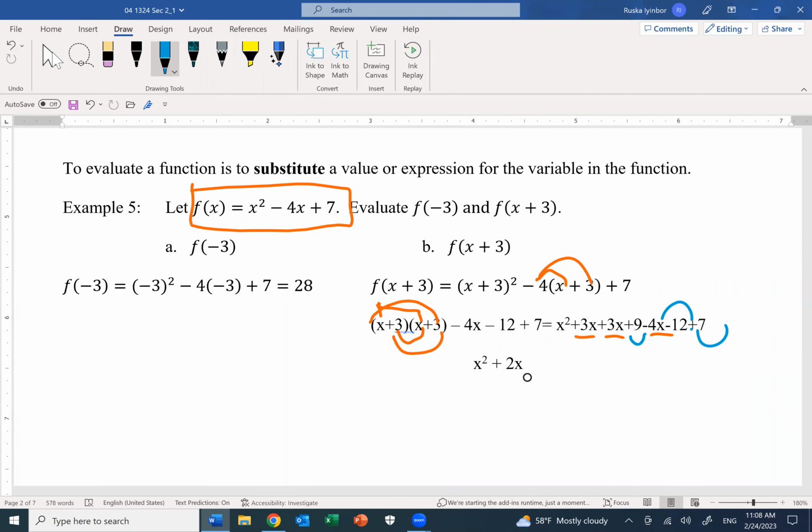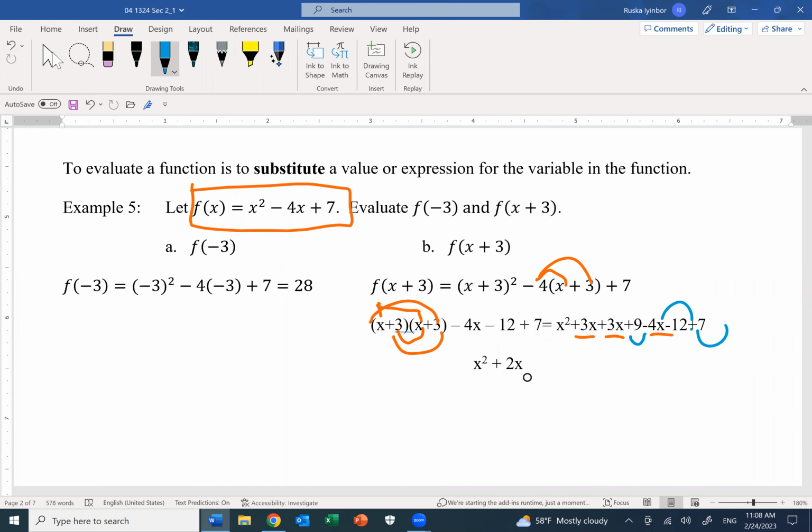So remember, every time you plug it in, you substitute whatever they give you in the parentheses in the place of x. If it's a given number, so in this example, they give me f of negative 3. So when I replace x with negative 3, I'm going to get a number, which is 28. So the answer for the A is 28.